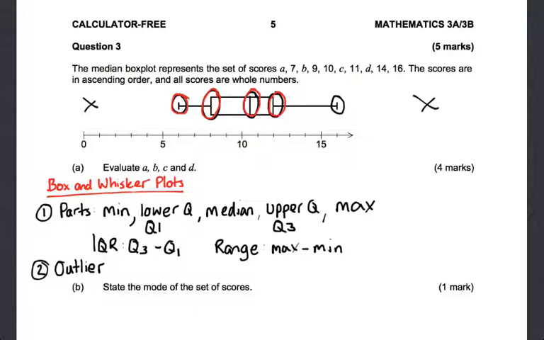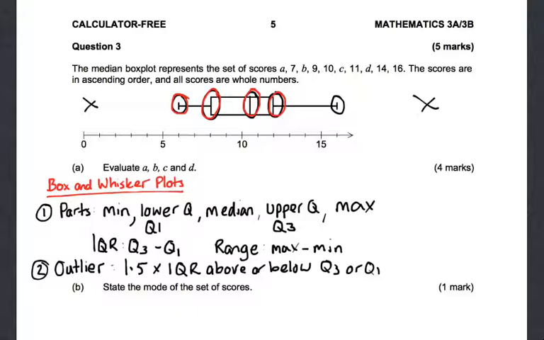The way you can work out if a score is an outlier or not is it has to be 1.5 times the interquartile range, either above or below Q3 or Q1 respectively.